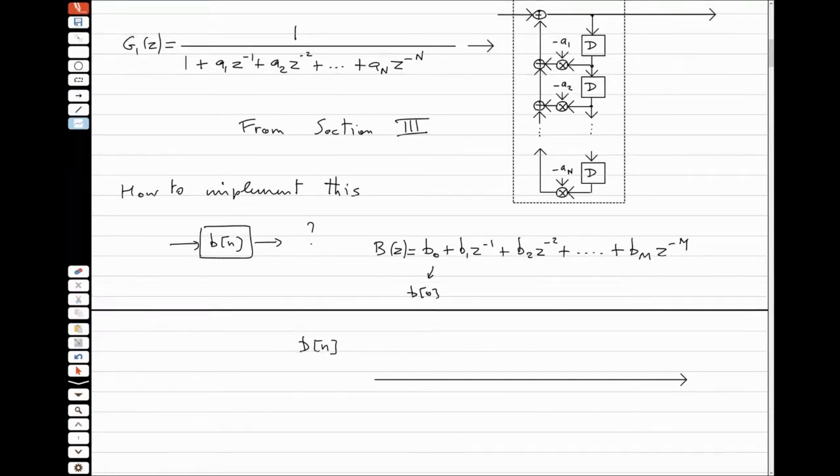This is the value of B of 1. This is the value of B of N. And the other values are 0. So you're going to get a sequence like that, where you get B sub 0, B sub 1, B sub N, and elsewhere you get zeros.